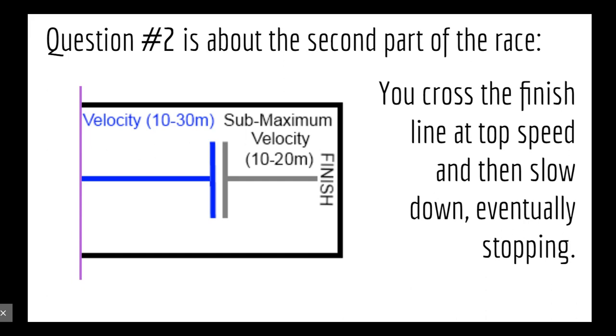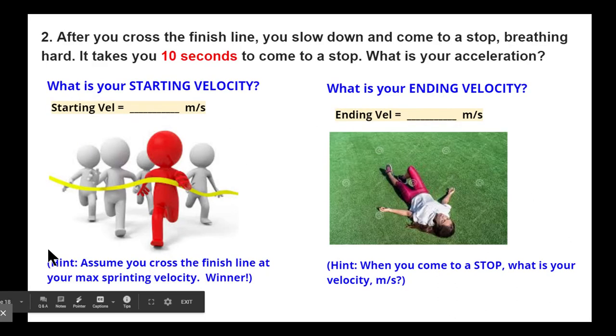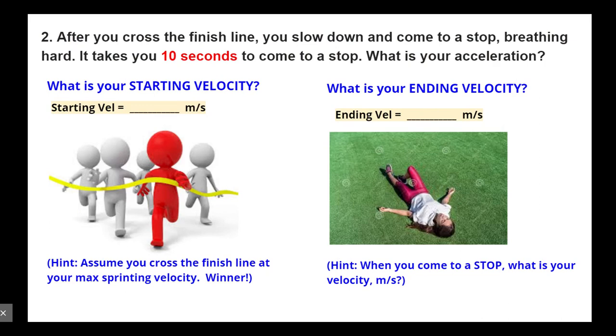Question number 2, we will calculate acceleration for the last part of our race. After you cross the finish line, you slow down and come to a stop, breathing hard. It takes you 10 seconds to come to a stop.